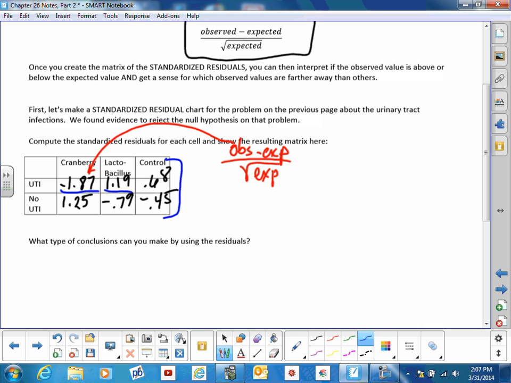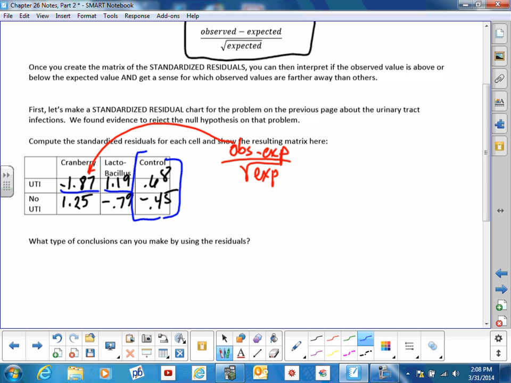I think I may not have mentioned this on Friday, but does it surprise you that these numbers for the control are actually the ones that are least away, closest to 0? If these numbers are closest to 0 in the control group, what's that saying in context? The control group was what?